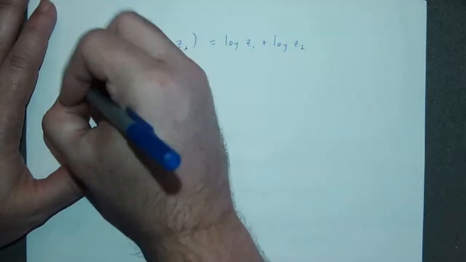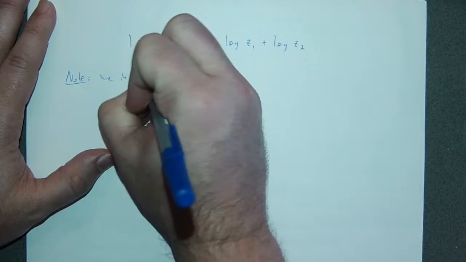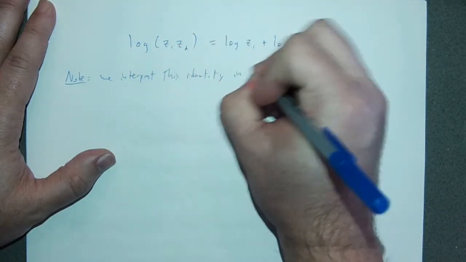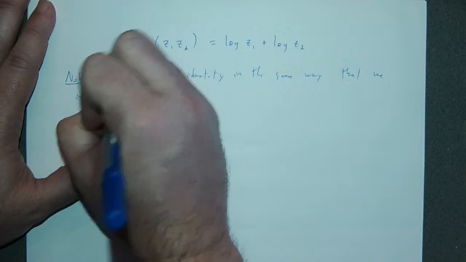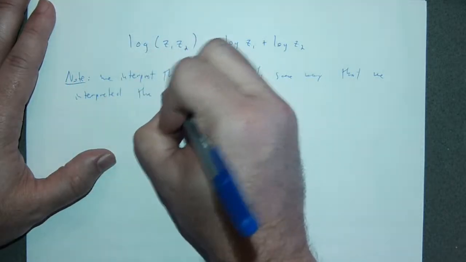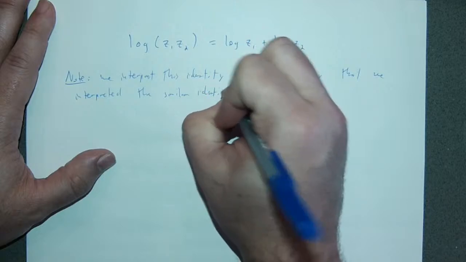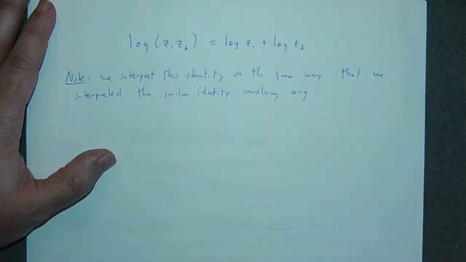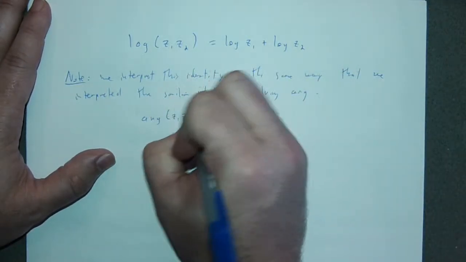Note we interpret this identity in the same way that we interpreted the similar identity involving the argument. So recall, we had the following identity involving argument.